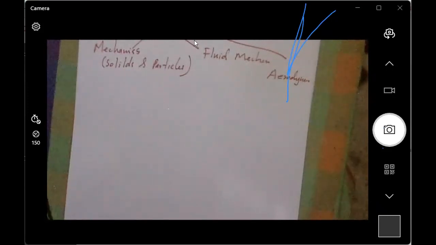Now, if it is a solid object with dimensions, while it is moving, what can it do at the same time?